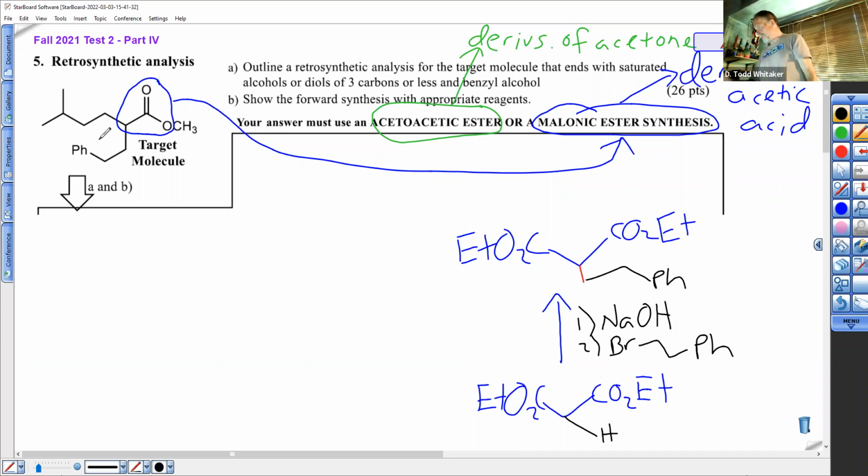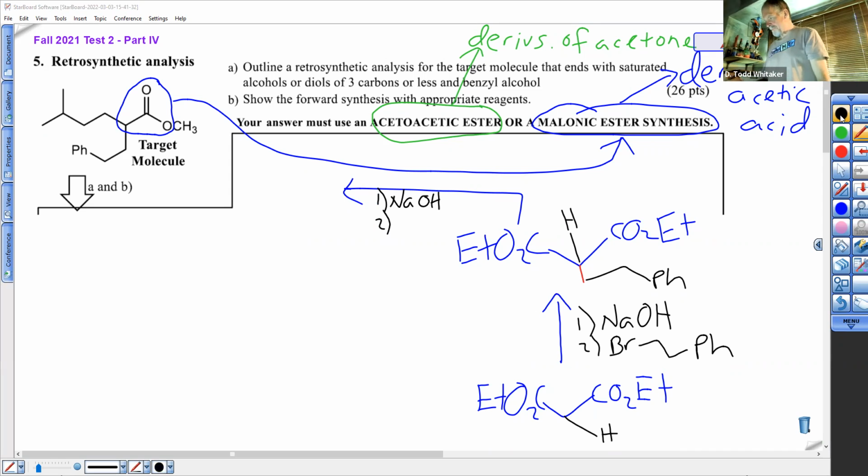You do the whole thing again with the other alpha H that you didn't use the first time. This one, still pKa 10. Glorious. Step 1, NaOH takes the H off. Step 2, this time I need an isopentyl group with a halogen. Want to stick with Br for the whole thing?